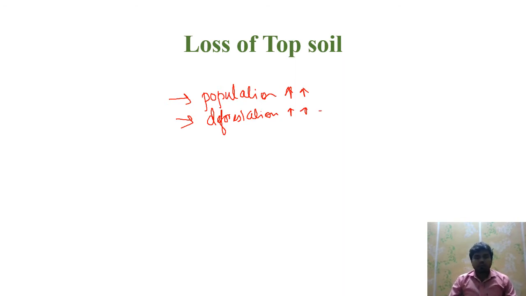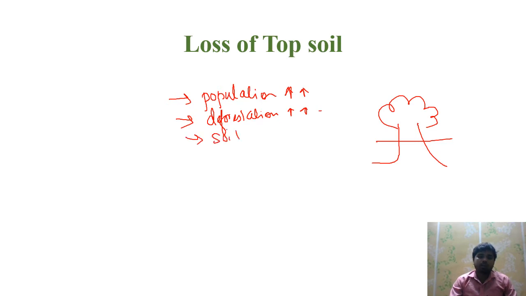When the trees are being cut down, it is obvious that the top layer of soil is now free. It is no longer attached to the trees, so it is free to move.